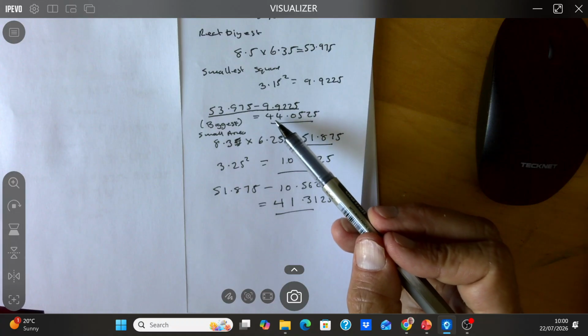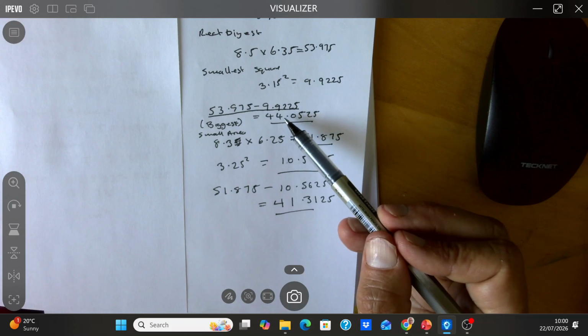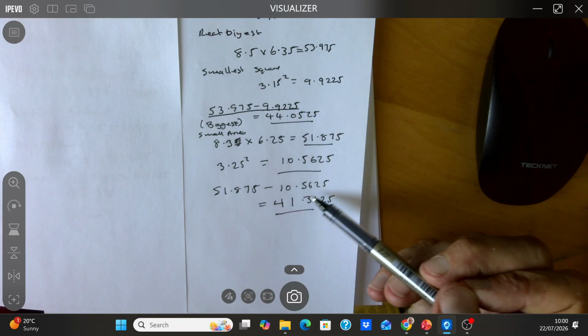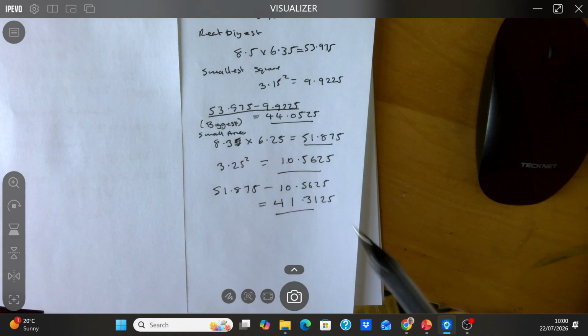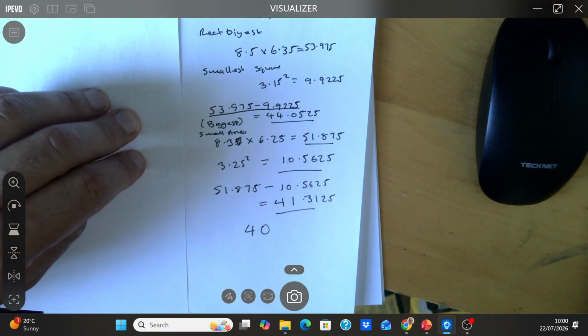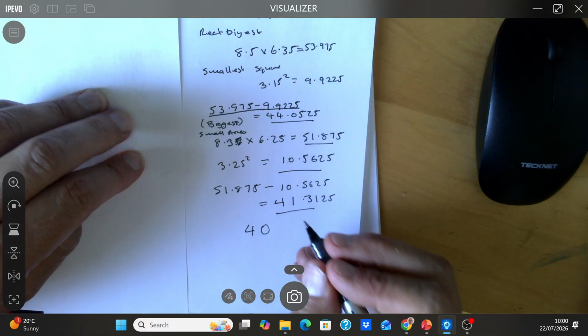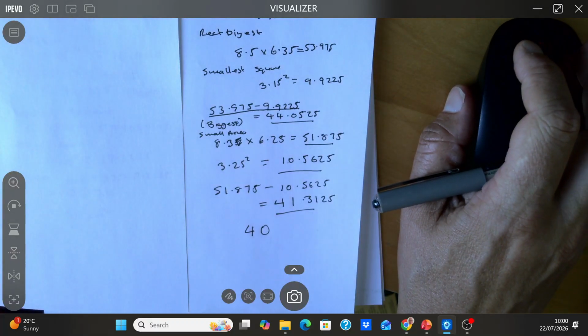So they both round to the same. 44.0 rounds to 44. 41.3 rounds to 41. So that doesn't. So what is the suitable degree of accuracy? 40. Now that doesn't really help you when it's a lot different to your numbers, but that is how the question is written. Well done.